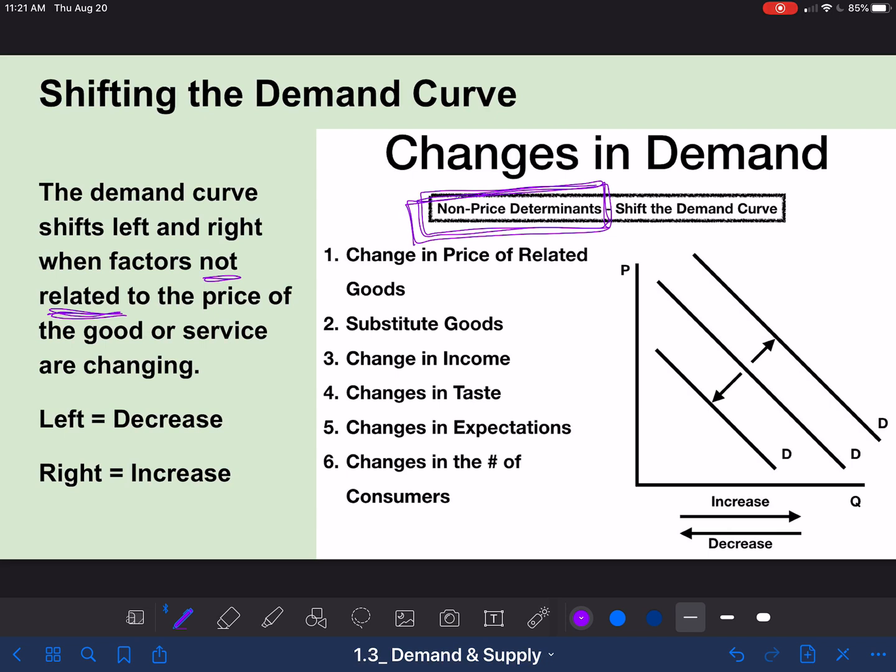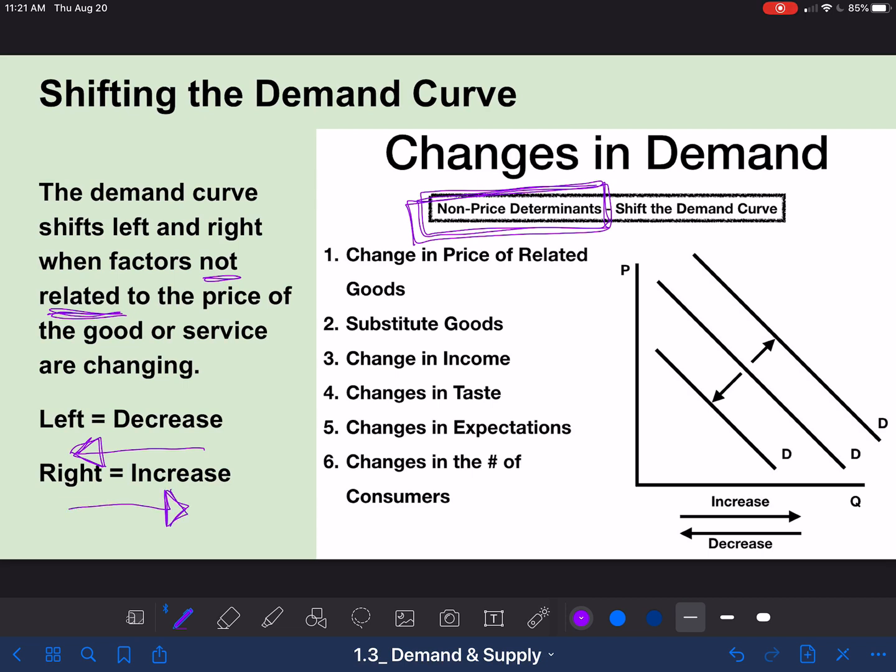And these are things that are going to entirely shift the demand of a product or service in the market. So when we start shifting curves here, every time we go to the left, we're decreasing, and every time we go to the right, we're increasing.